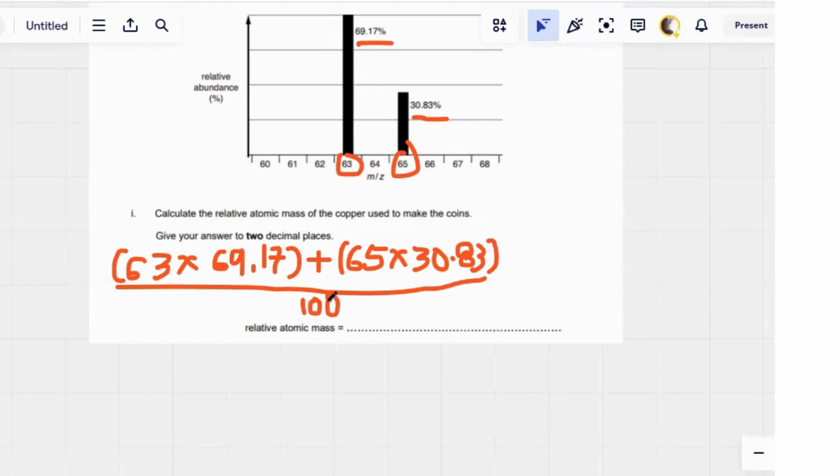So what is the answer? My answer is 63.62 in two decimal places. I have written my answer over here, 63.62. This is the relative atomic mass of copper, which is used to make coins.